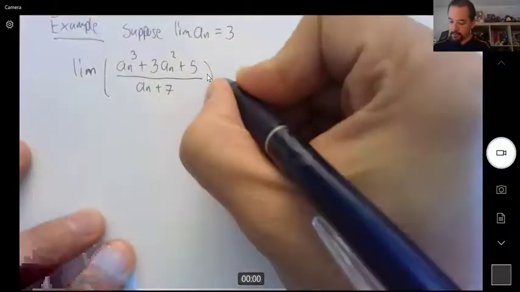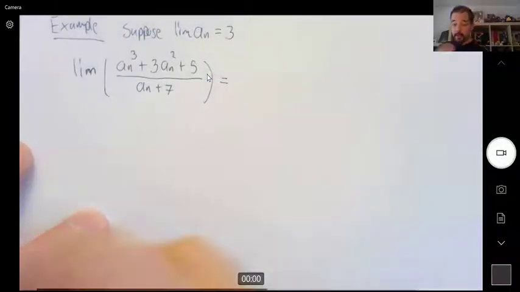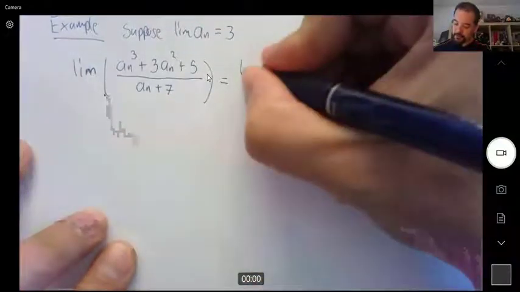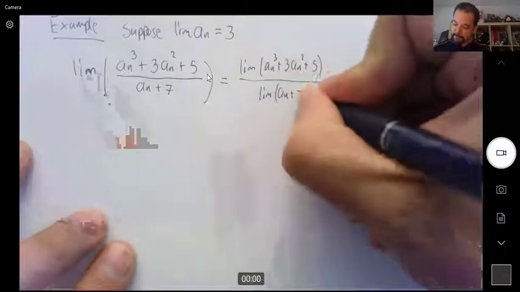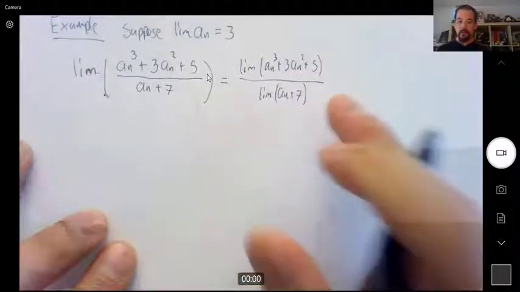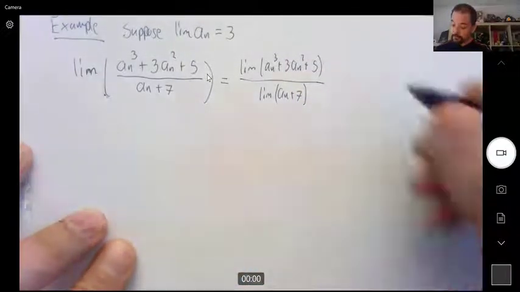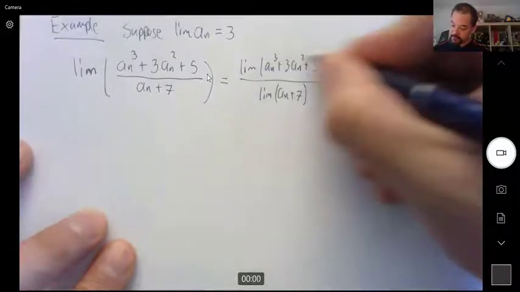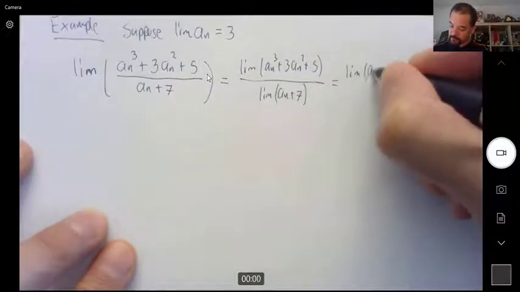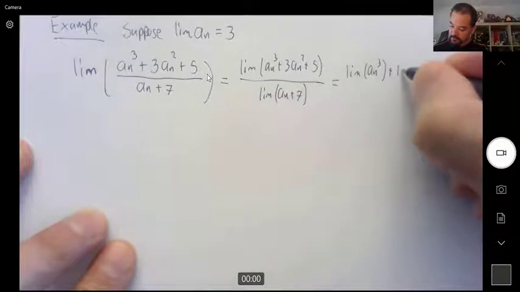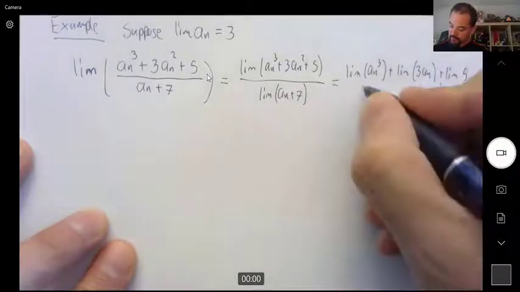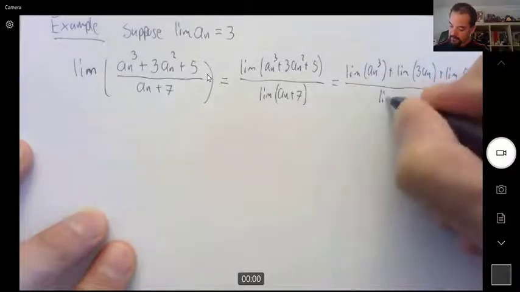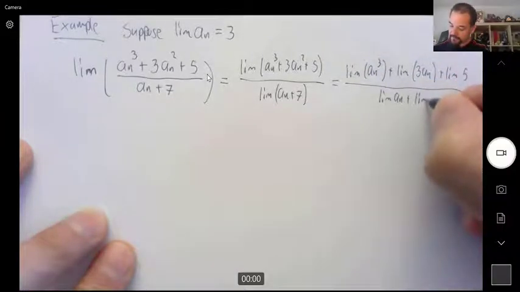Well, by the last property we saw, we know that the limit of a quotient is the quotient of the limits. So we can break this into these. Further, the limit of a sum is the sum of the limits. So you can now divide this into these smaller ones: an cubed, 3an squared, and 5, divided by an and 7.